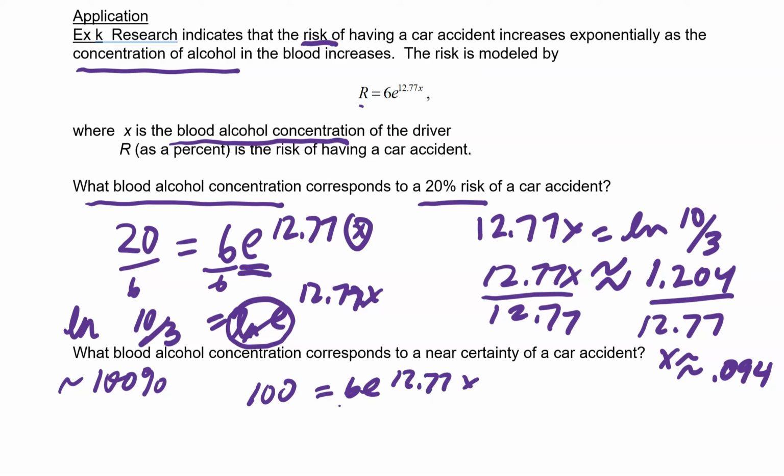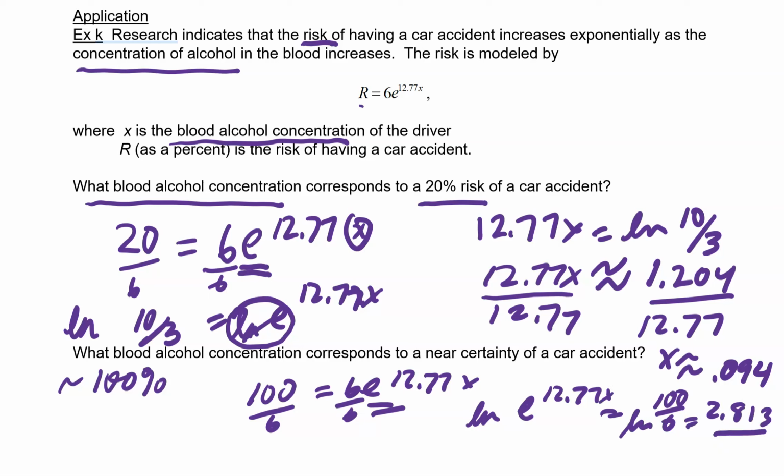12.77x, and again dividing by 6 to isolate the exponent, we will get then that e to the 12.77x is equal to 100 over 6. And when we take the natural log of both sides, we will end up with 2.813.